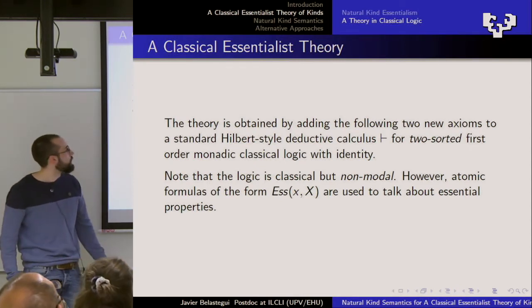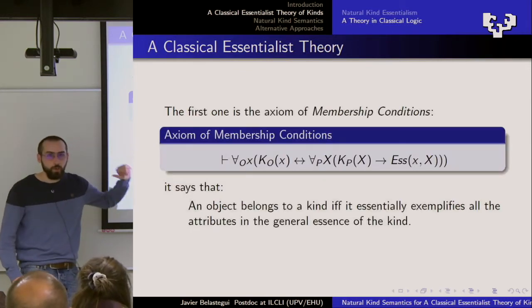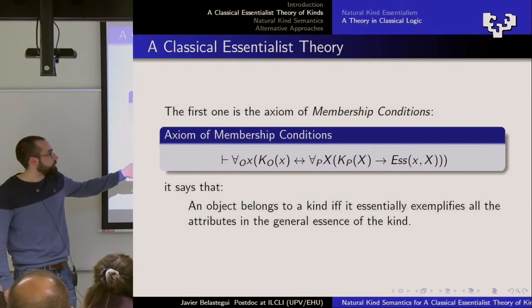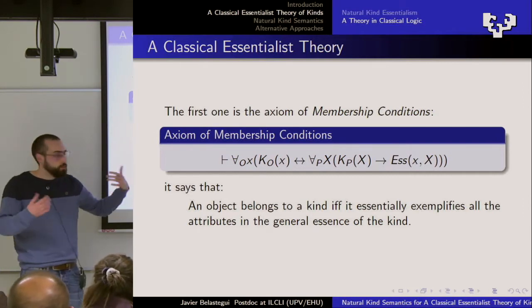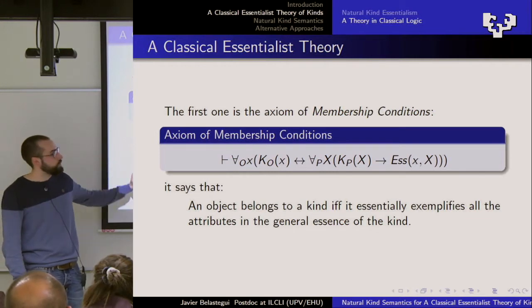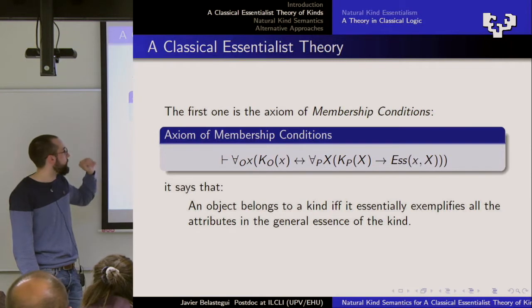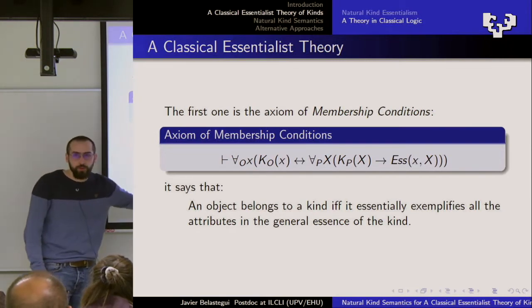How does this work specifically? These are the two axioms that I will add to a deductive system for classical logic. You can think of a standard system. The first axiom is the axiom of membership conditions, and it says the following. These are the essentialist membership conditions for kinds.